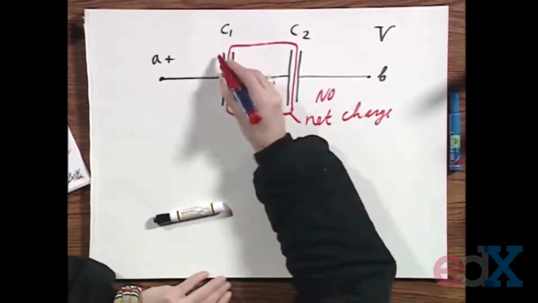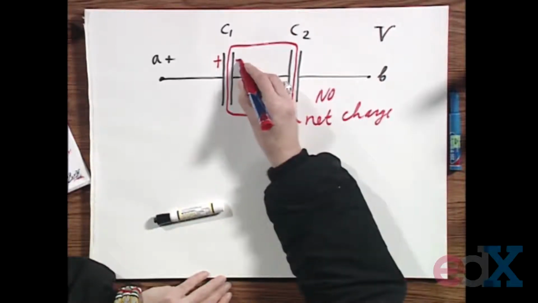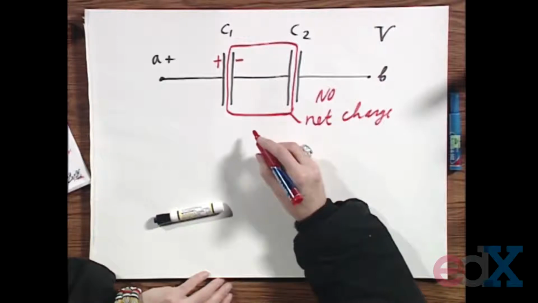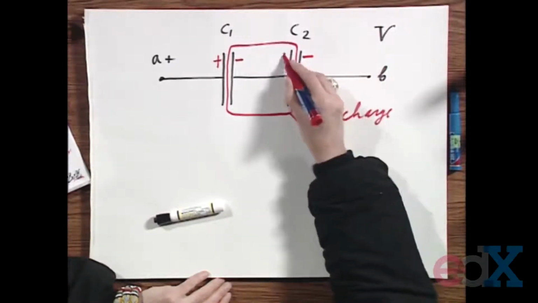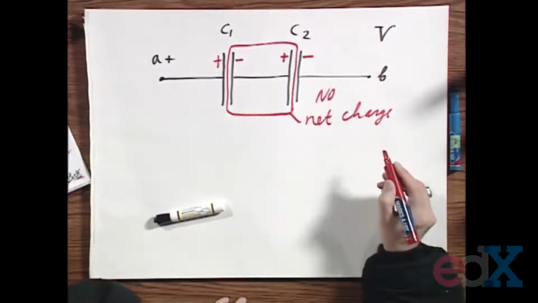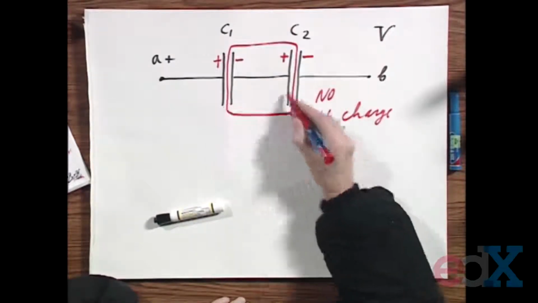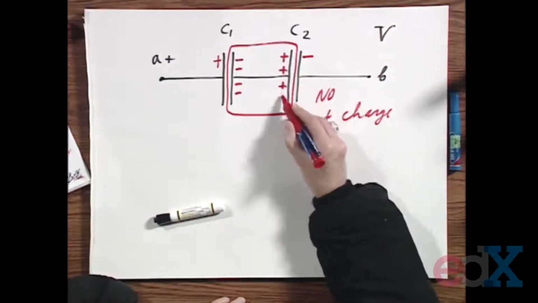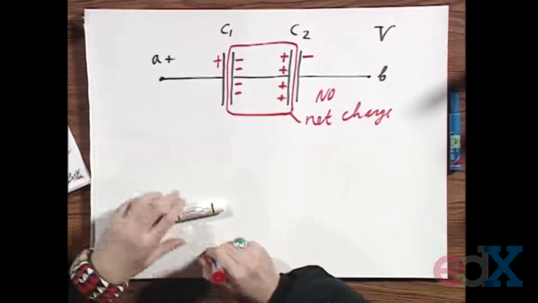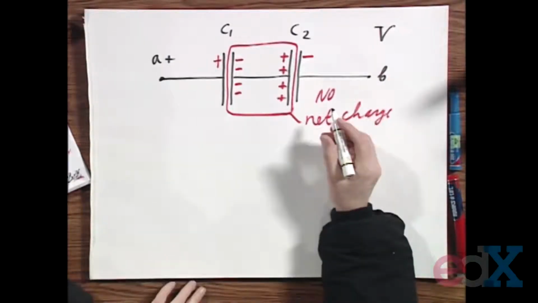It is true that this side becomes positive of the capacitor, therefore this side becomes negative by induction. It is true that this side becomes negative, and therefore that this side of the capacitor C2 becomes positive, but the net result here must be that the net charge negative here must exactly cancel the positive charge there. That is very characteristic for series.